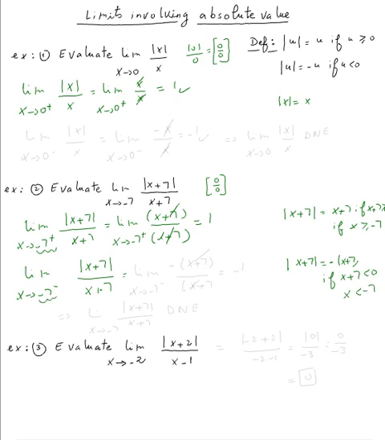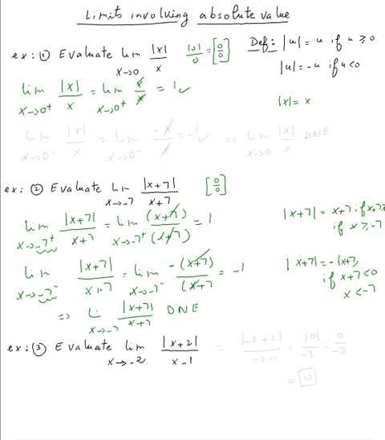When x approaches negative 7 from the left side, the absolute value of x plus 7 just becomes minus x plus 7 over x plus 7, which means you can simplify this and just get negative 1. So since the right limit is not equal to the left limit, we say the limit of absolute value of x plus 7 over x plus 7 as x approaches negative 7 does not exist.